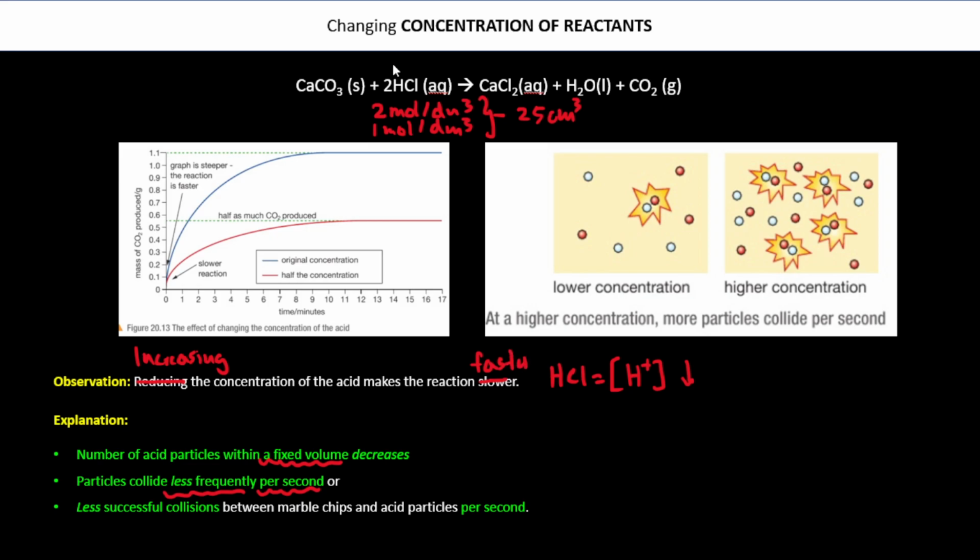Let's say instead of 2 moles to 1 mole, if we use a higher concentration, it means that we will have more acid particles. So the number of acid particles within a fixed volume will increase, the particles will collide more frequently per second, and more successful collisions means that the reaction will be much faster.